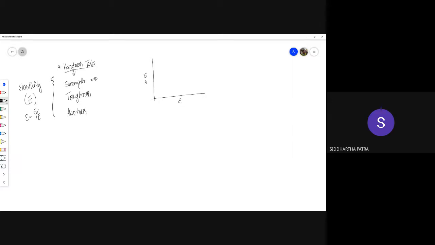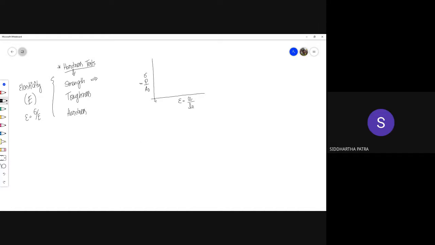So on the y-axis there is stress, which is engineering stress, which is applied force per unit original area, assuming we are still doing a uniaxial loading. And strain, of course, is a change in dimension per unit original length.